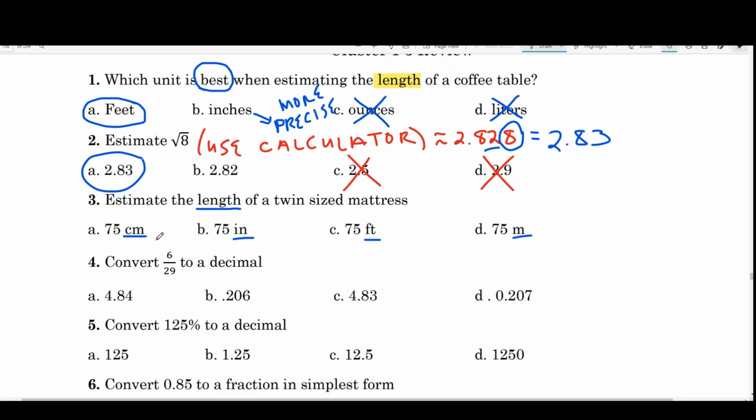If we look at 75 centimeters, centimeters is very small. So in this instance, centimeters wouldn't work because it just wouldn't be long enough. Just to give you an example, one ruler, which is 1 foot, is about 30 centimeters.